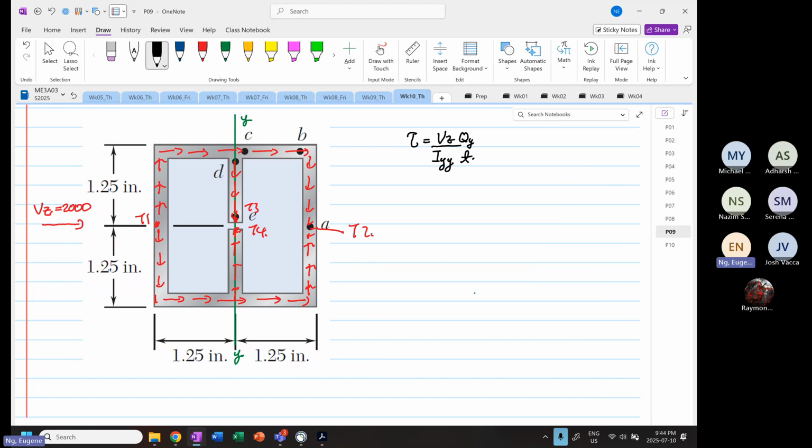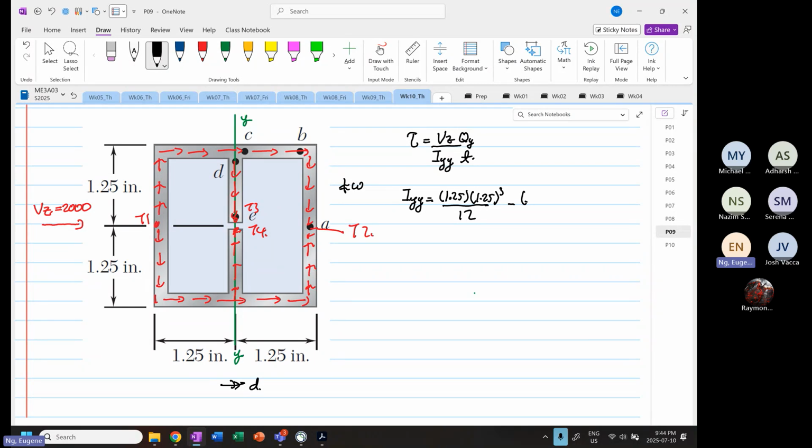Okay, so again we need to find Iyy. So we know that for YY, this is our width, and then this is our depth, like how we learn in bending moment. So the width is 1.25 multiplied by 1.25 to the power 3 divided by 12, minus.